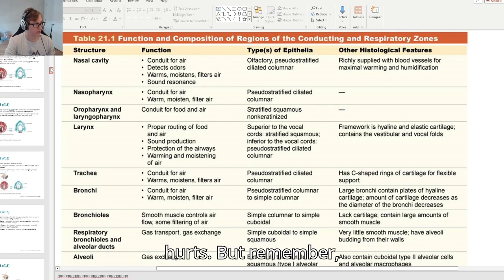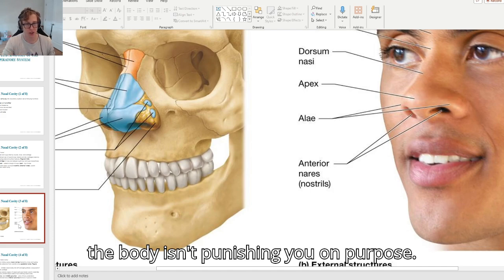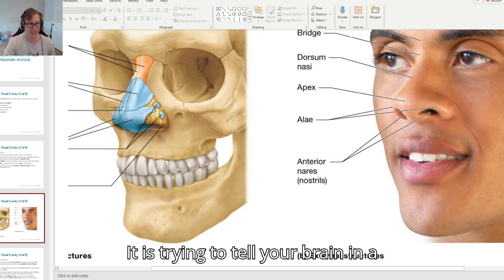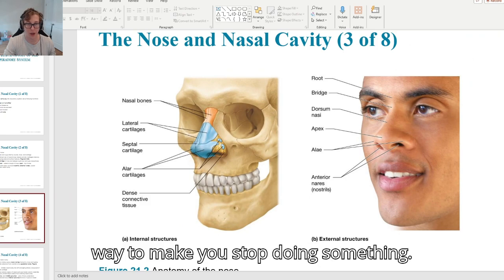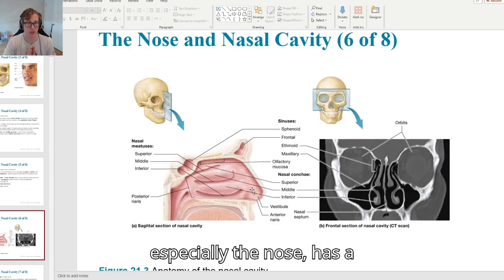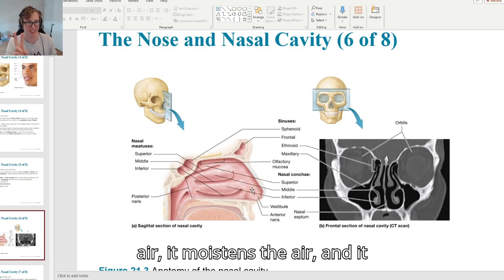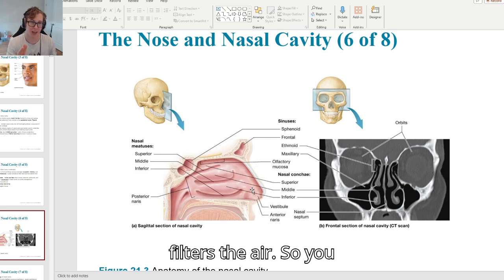So it hurts. But remember, the body isn't punishing you on purpose. It is trying to tell your brain in a way to make you stop doing something. So the respiratory system, and especially the nose, has a beautiful function. It warms the air, it moistens the air, and it filters the air.